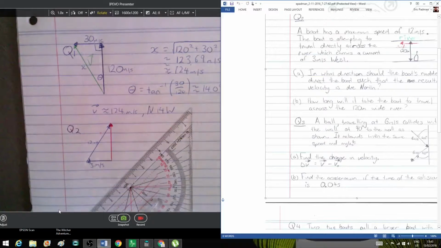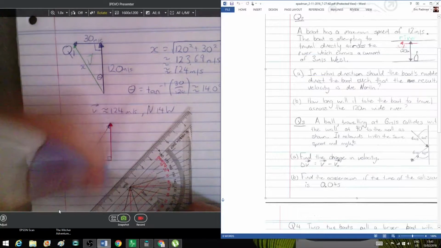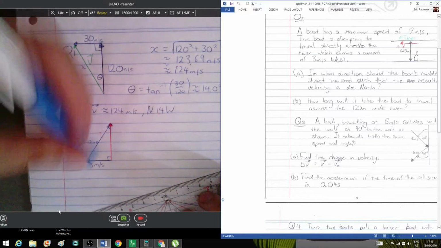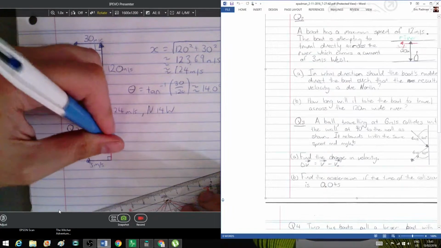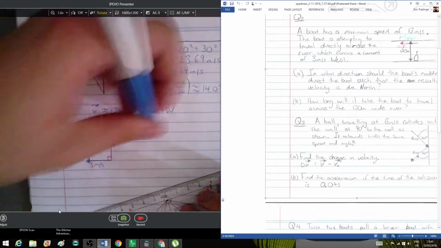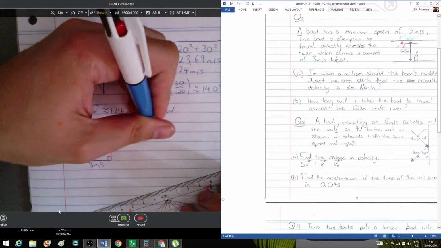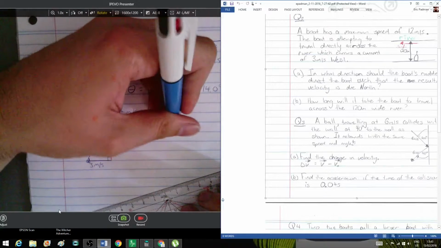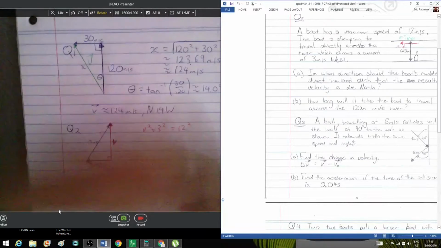So to work out this, be careful with this: those 2 squared plus this squared equals 12 squared.